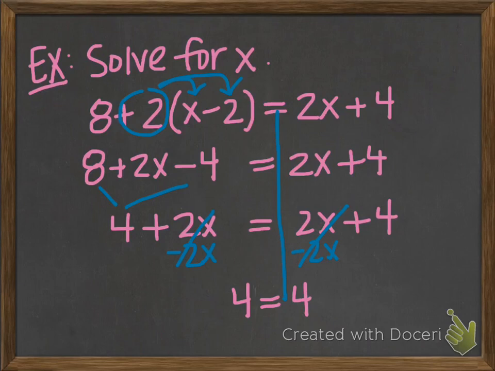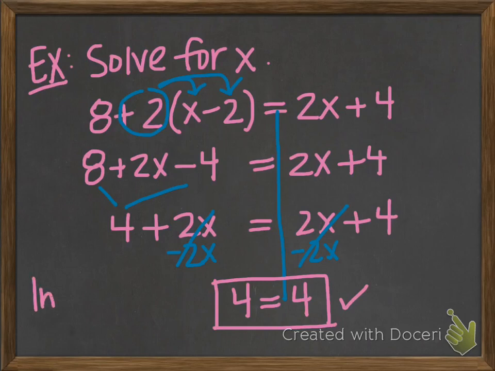So this is kind of like the other example, except in this scenario, my variables are gone and I have 2 numbers at the end that equal each other, but they're exactly the same number. So they truly do equal. So what this means is I have infinitely many solutions, which means any number I put back in that original equation for x will always make the left and right sides true.